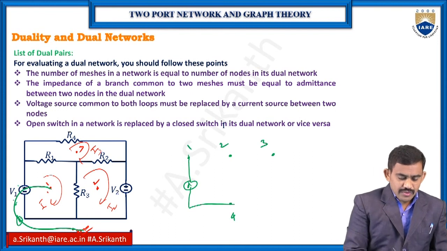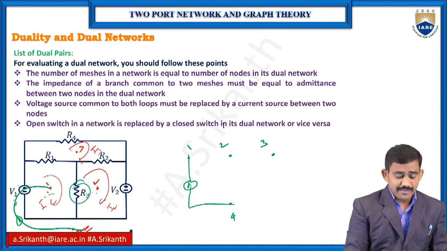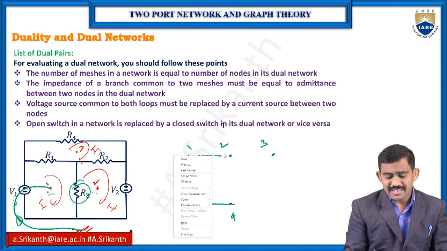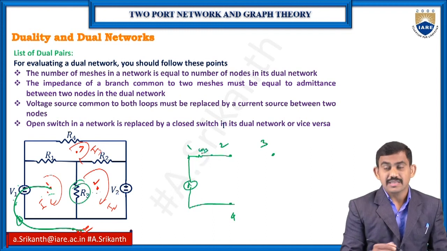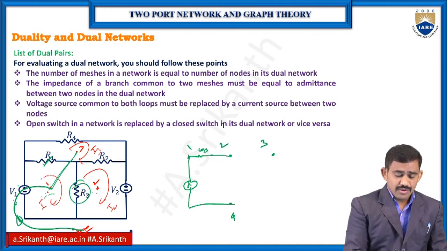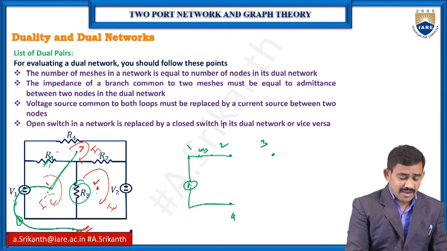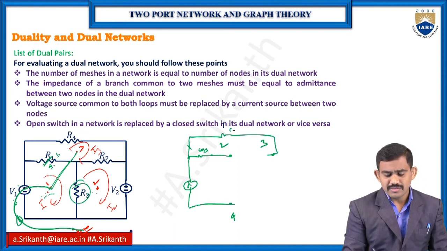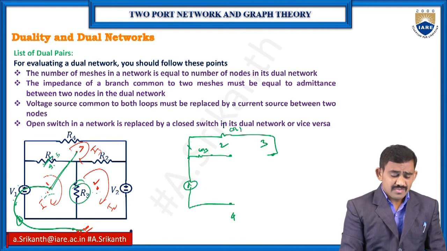Now coming to R3, I have 2 currents, I1 current as well as I2 current. So R3 sits between nodes 1 and 2, and R3 becomes conductance G3. Coming to R1, I have I3 current and I1 current, so between nodes 1 and 3 I have conductance G1.